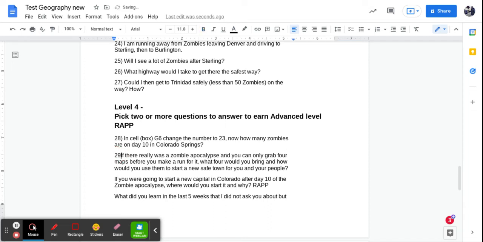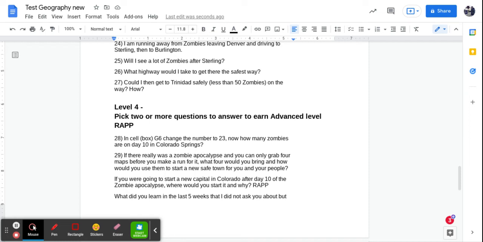Okay, number 29. If there really was a zombie apocalypse and you could only grab 4 maps before you make a run for it, what 4 would you bring? And how would you use them to start a new safe town for you and your people?